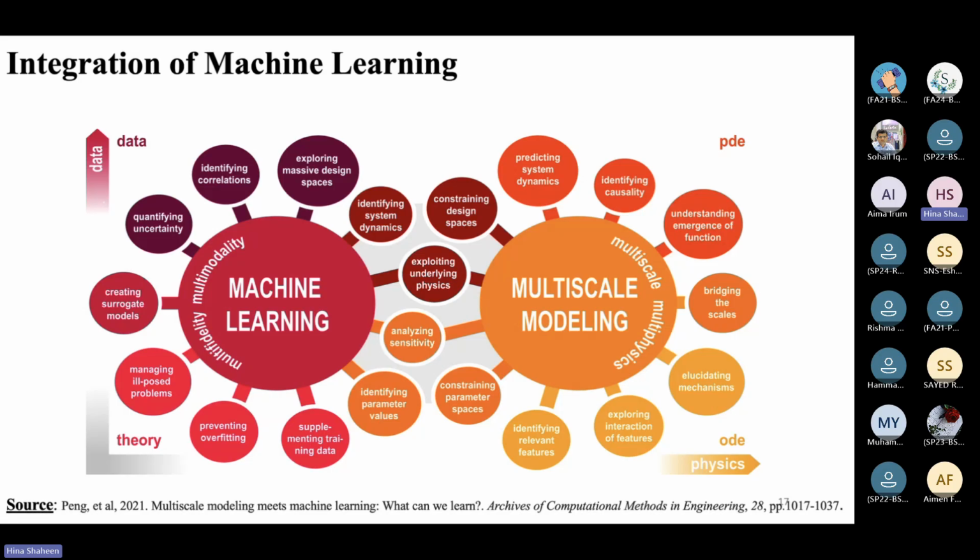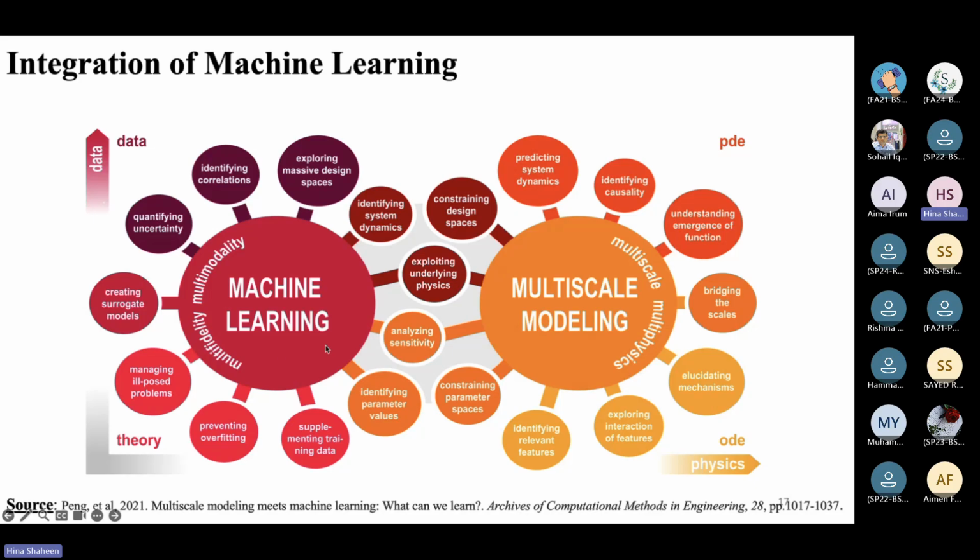When analyzing the data, we have to identify the system dynamics, for example, the biology of human anatomy and human brain diseases, to create surrogate models. It is also important for managing ill posed problems; we can use some machine learning techniques. For example, we use approximate Bayesian computation to identify the true parameter estimation.